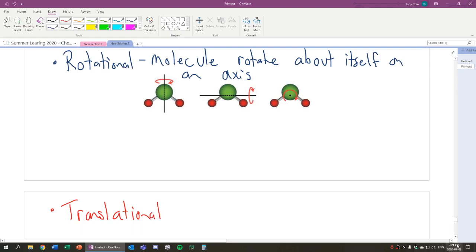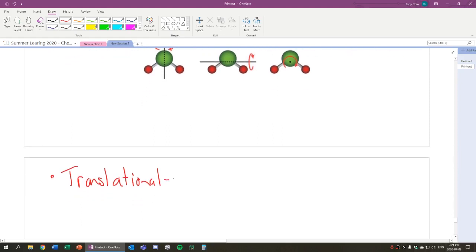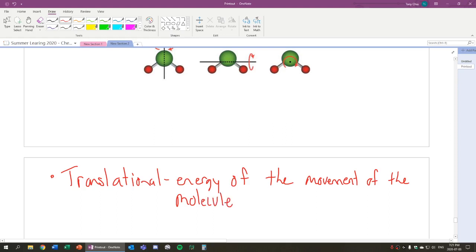Translational is the energy of the movement of the molecule. It's how the molecule moves through space.